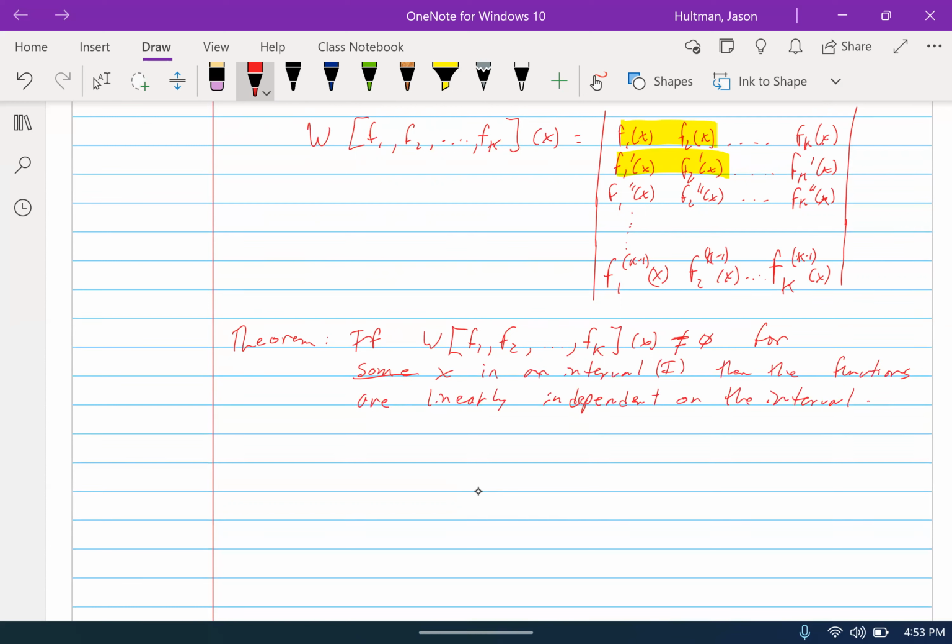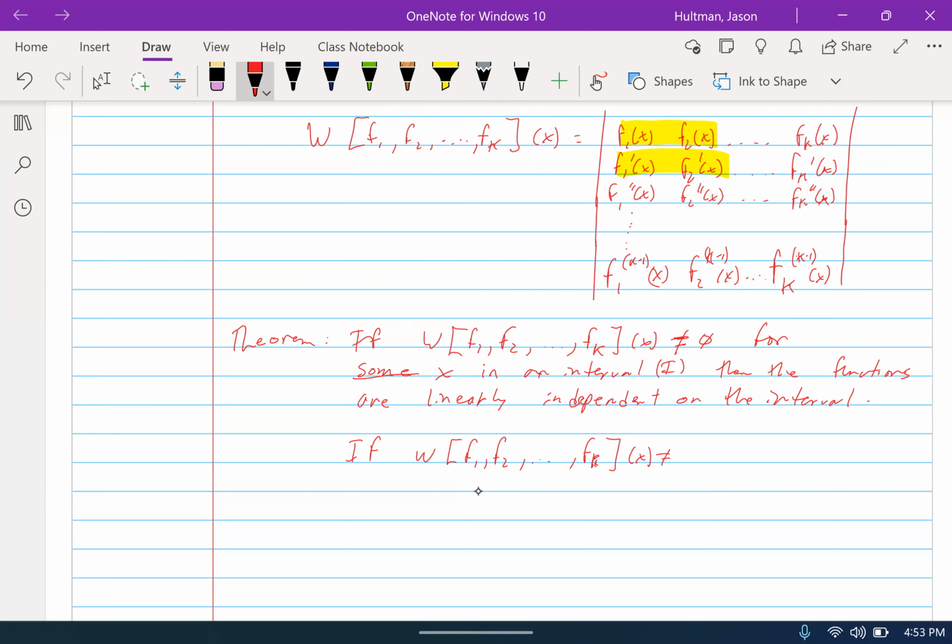Okay, if the Wronskian equals 0, that does not mean that it's linearly dependent. It just means it's inconclusive.